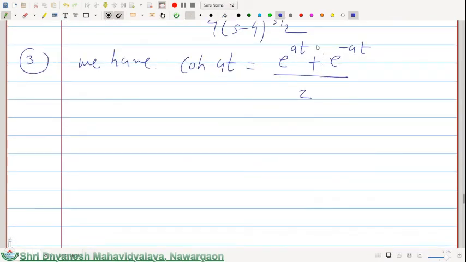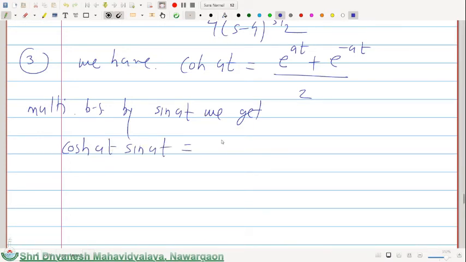Okay, so multiplying both sides by sin at, we get cos hyperbolic at into sin at equals e to the power at plus e to the power minus at upon 2 into sin at.